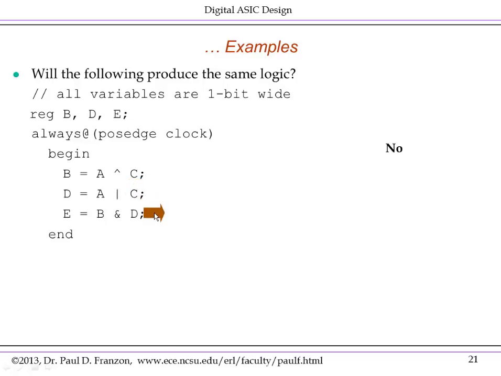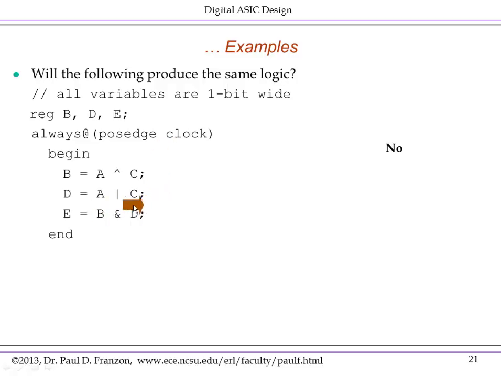However, E gets assigned after B and D get assigned, not simultaneously as in the non-blocking example. What's the values of B and D at this point in the code? Well, the values of B and D are going to have after the pos edge clock event is over.